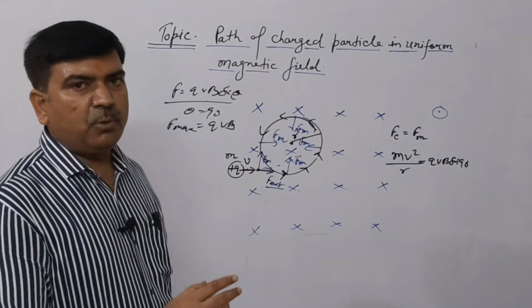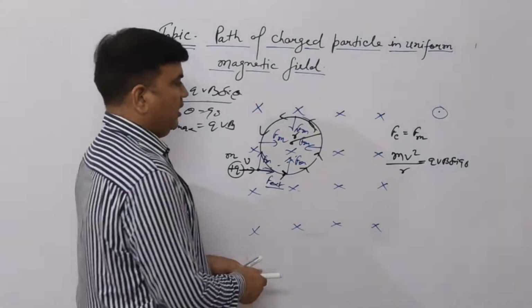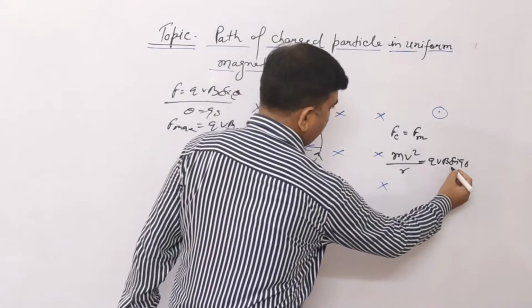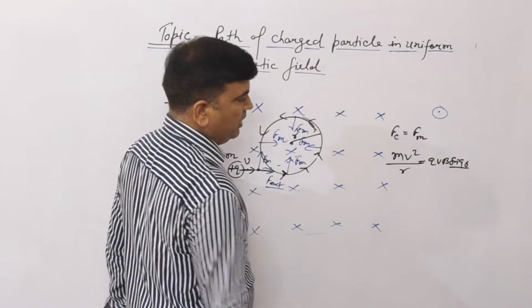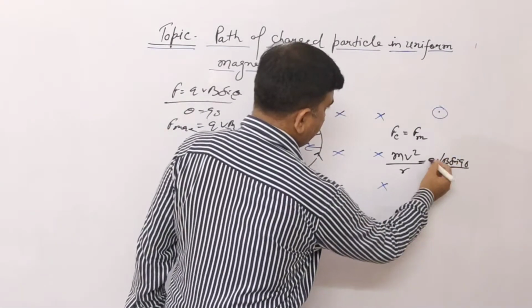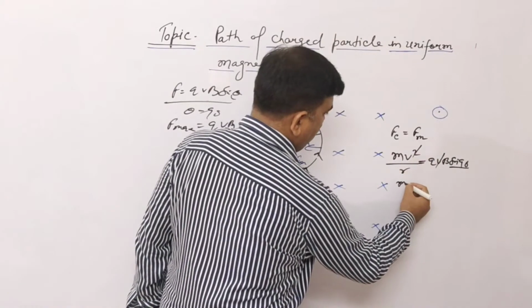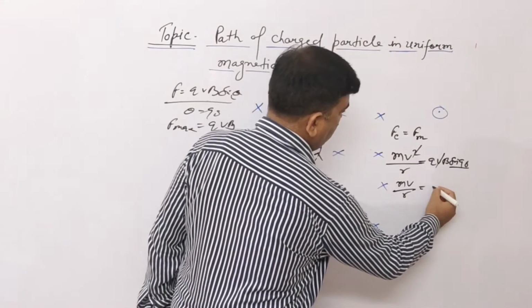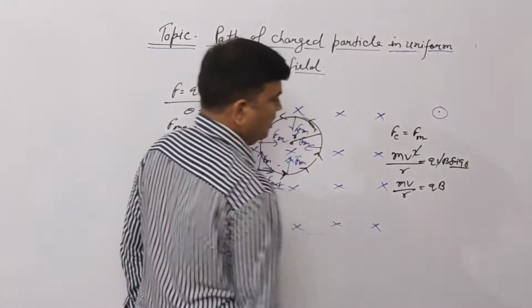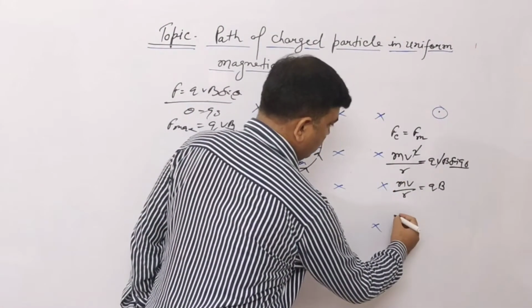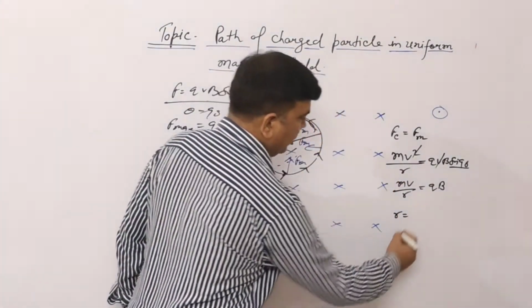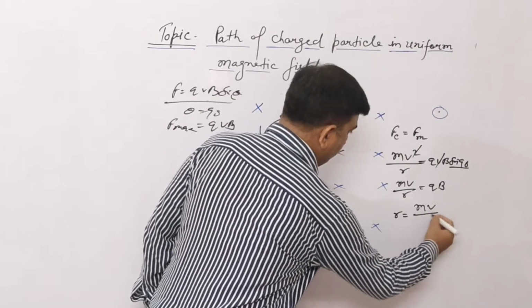The magnetic force provides the centripetal force. The value of sin 90 is 1 and v cancels, so mv/r = qB. Now find the radius of the circular path: r = mv/qB.